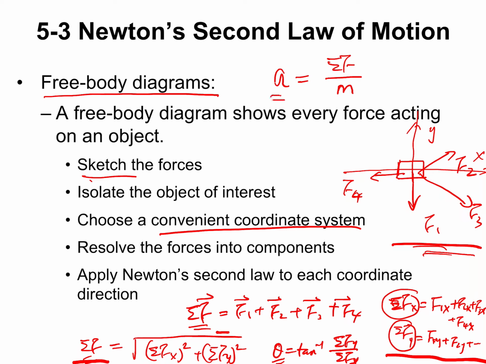This is Newton's second law, and this is how you use it. For example, if you know the acceleration and the mass, you can figure out the net force. And if you know some of the forces, F1, F2, F3, you can figure out what F4 is. That's a Newton's second law problem.